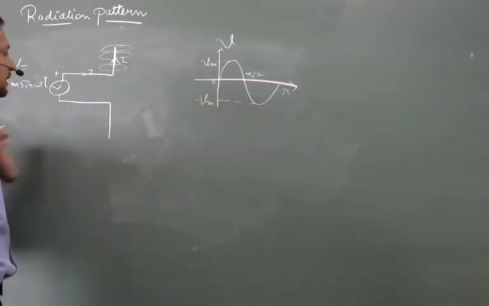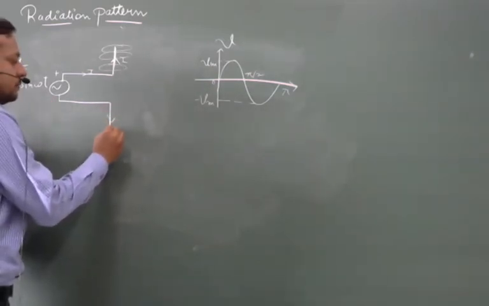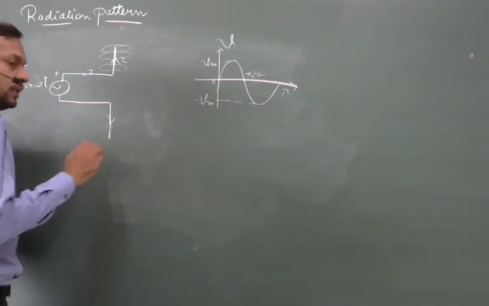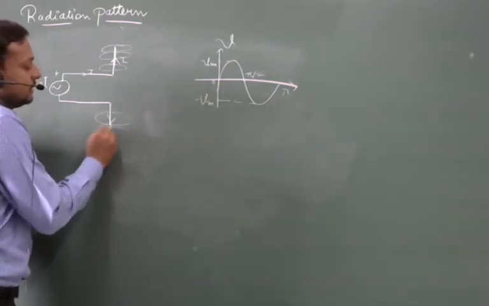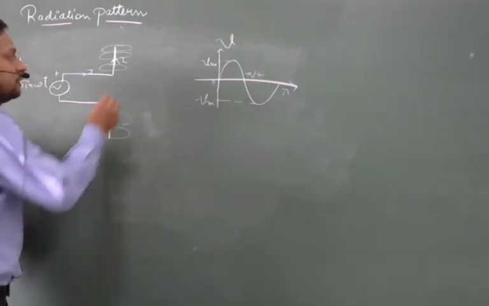In a similar manner, the current flows in this direction for the other polarity of the given circuit, and this creates a magnetic field in the opposite direction.